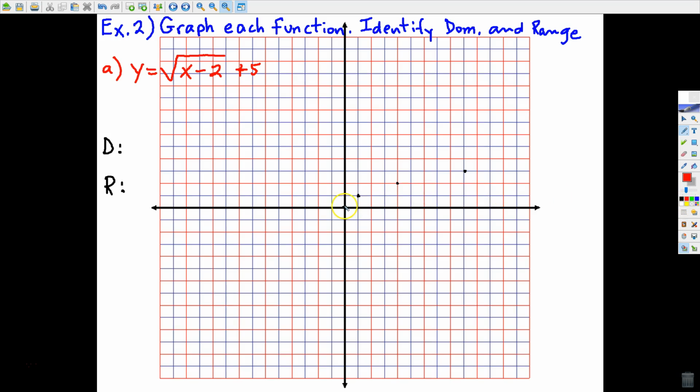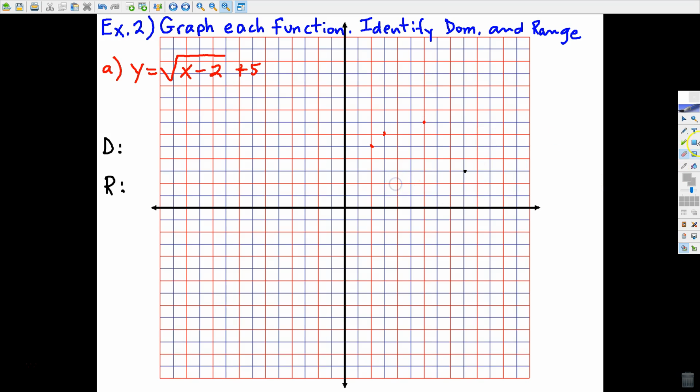So starting here at the origin, 2 to the right, 5 up. That one's moved. I'll just erase it. Starting here, 2 to the right, 5 up. That one's gone. Here I am at 4, 2, 2 to the right, 5 up.